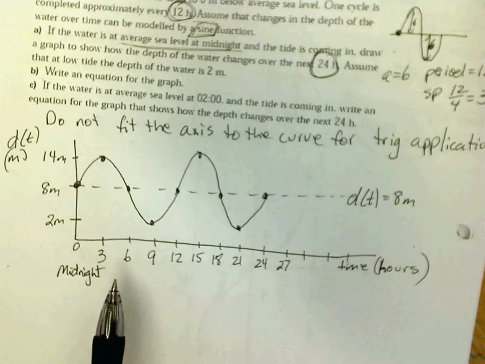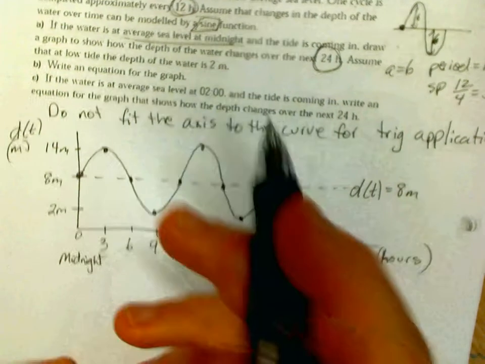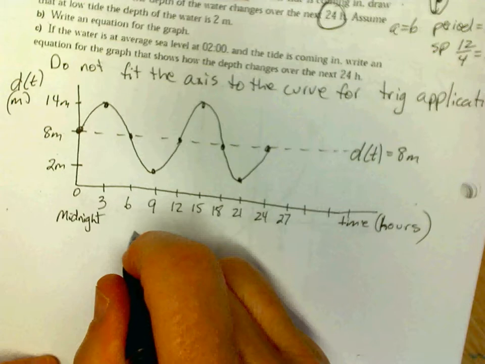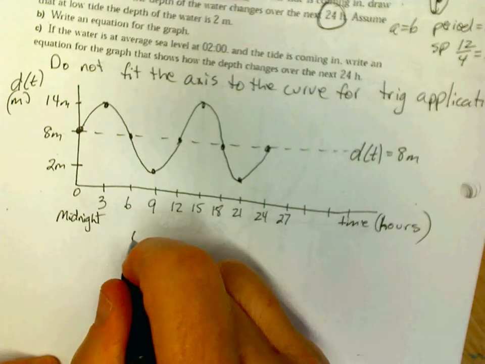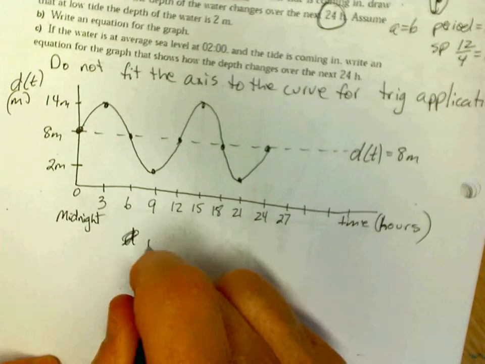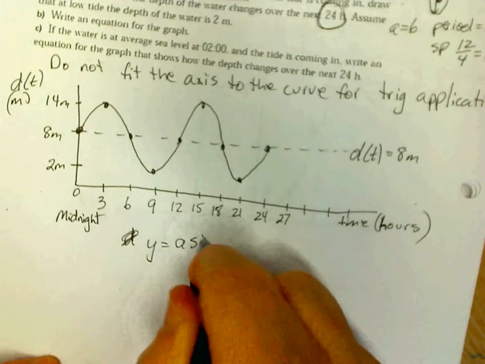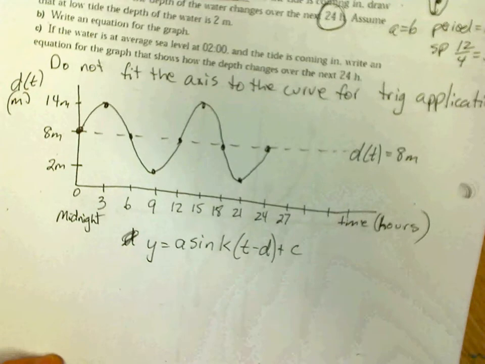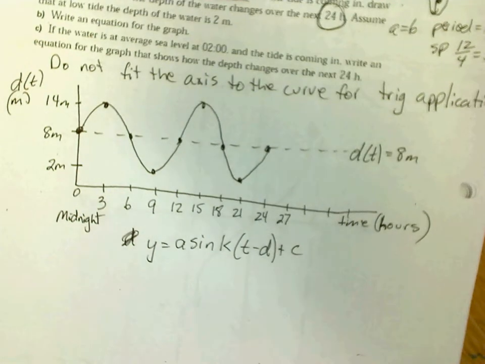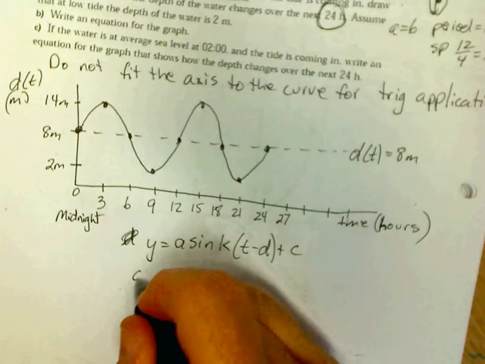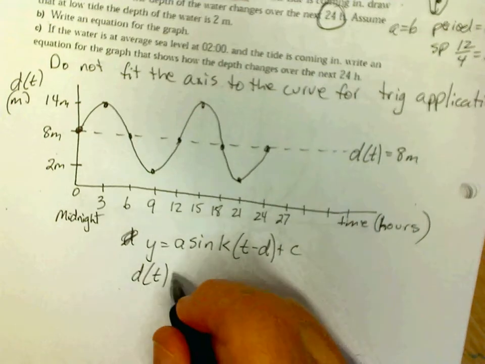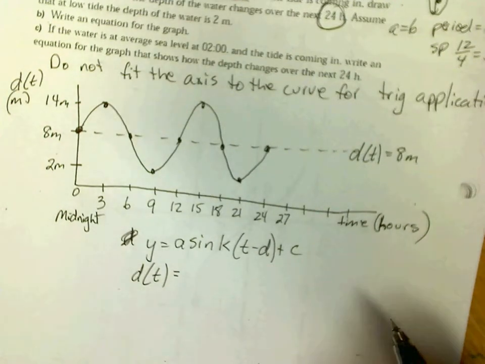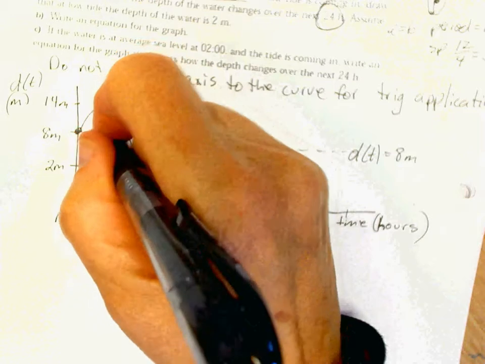Okay, they're saying sine is good. So we're working with y equals a sine k(t minus d) plus c. In this case, our y is d of t. What's our a? 6, because this here is 6.